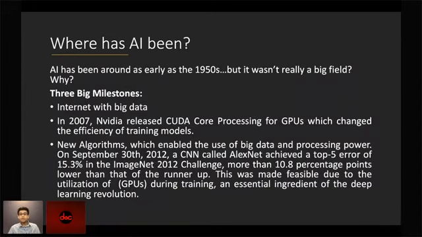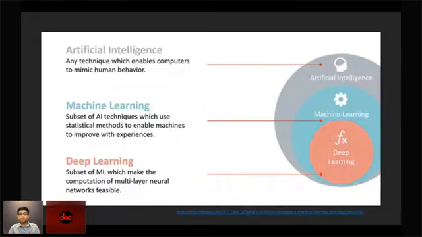This was possible because of the utilization of the GPUs during training, which is again an essential ingredient of the deep learning revolution. So these 3 big milestones have really put AI and computer vision where they are now, in the past decade or so. Computer vision really falls under a topic called deep learning.